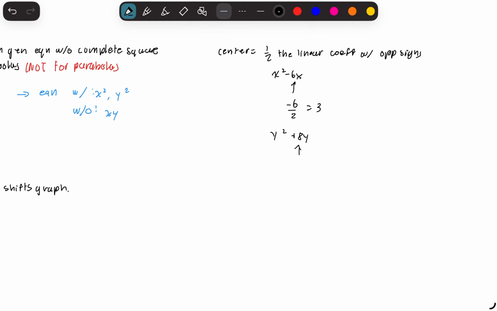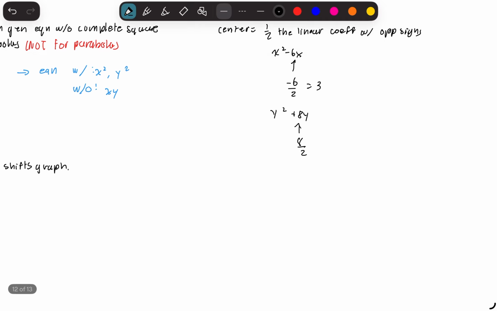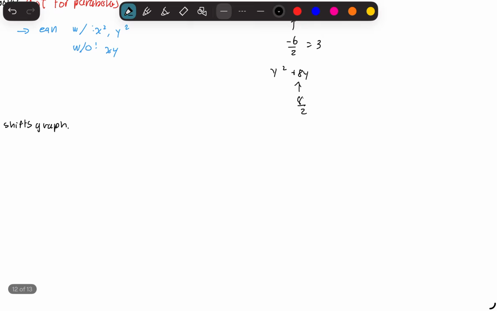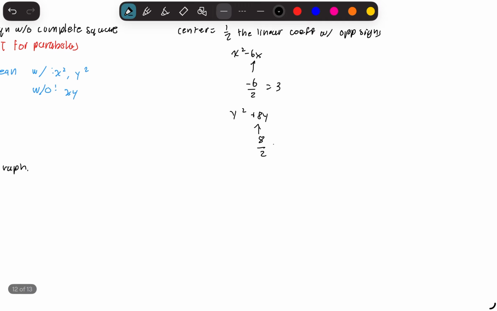Also, we can think of 8 as half of 8, that's going to be 8 over 2, that's going to be 4, and with opposite sign, it's going to be negative 4 instead of just positive 4. So that means that your center is going to be equal to (3, negative 4).